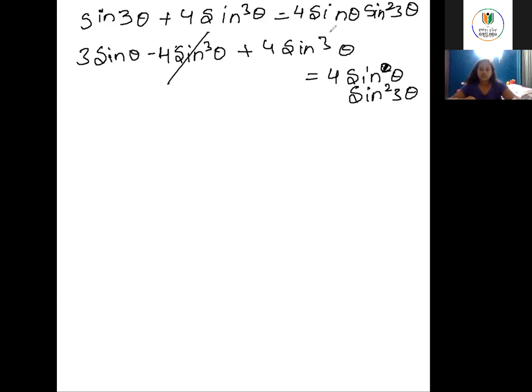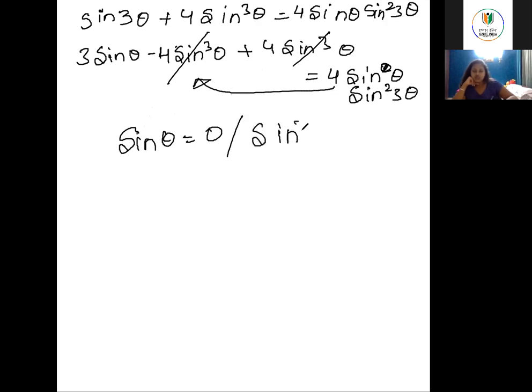So this gets cancelled. So you have, after bringing it here and taking sine theta common, either sine theta is equal to 0 or sine square 3 theta is equal to 3 by 4.